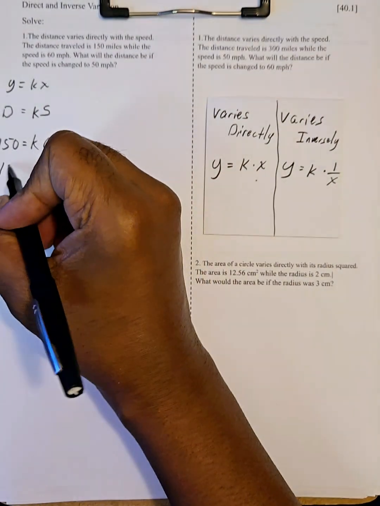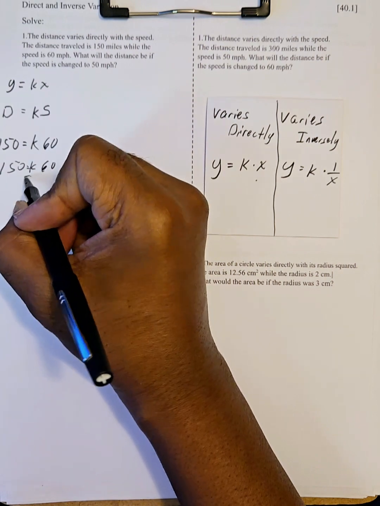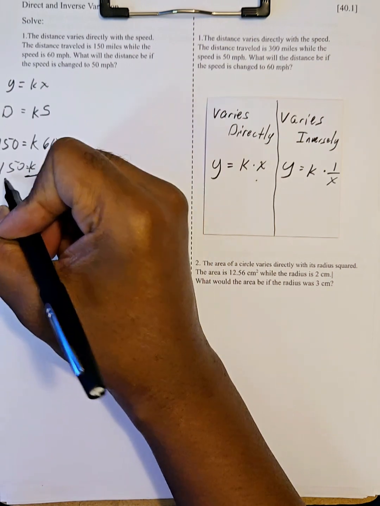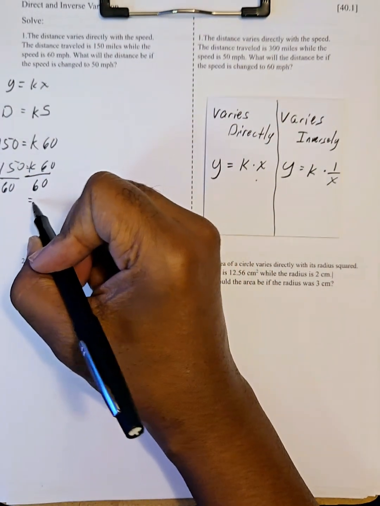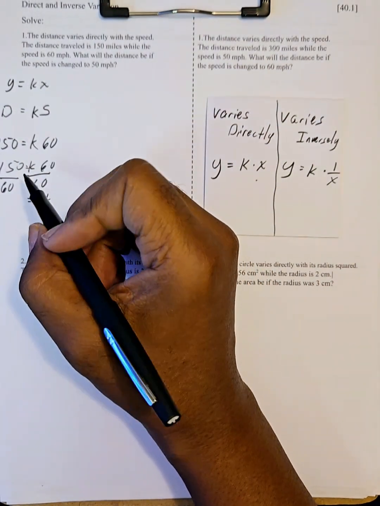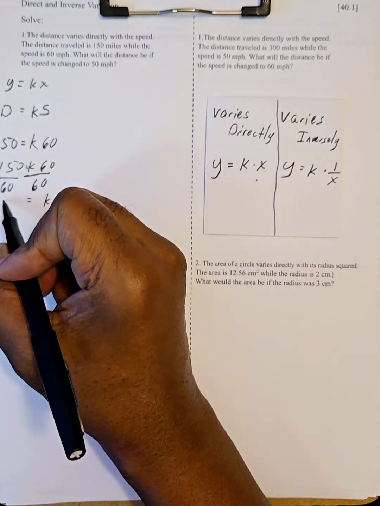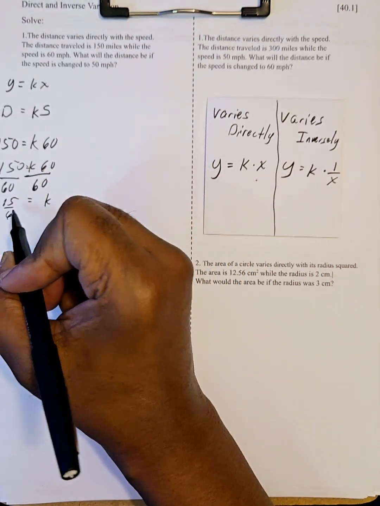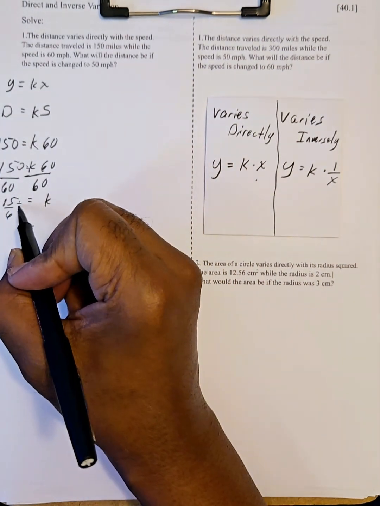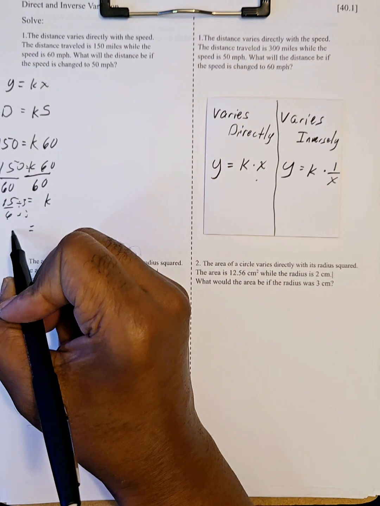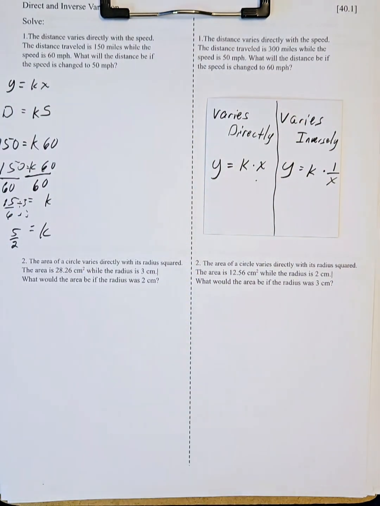And to figure that out, I'm going to divide both sides by 60. 60 divided here and 60 divided there. And the 60s cancel out here and we get 1K. And over here, I can simplify that to 15 over 6. And then I can simplify that again by dividing by 3 to 5 over 2. So that's my K, 5 over 2.